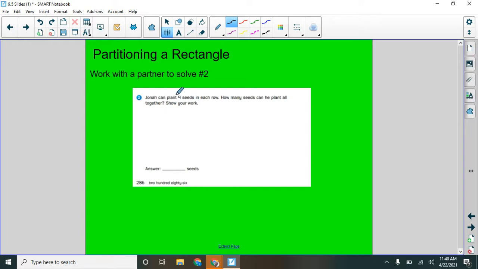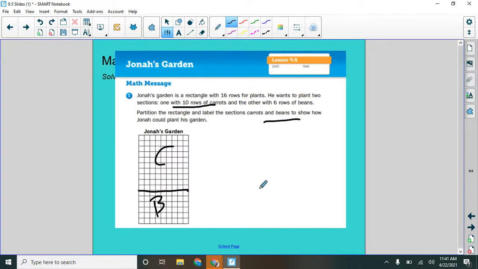Jonah can plant 9 seeds in each row. How many seeds can he plant altogether? Well, let's go back to our picture. We need 9 seeds. 1, 2, 3, 4, 5, 6, 7, 8, 9. So we're using all of them. You don't want to watch me put dots in every single one of these, nor do you need to.